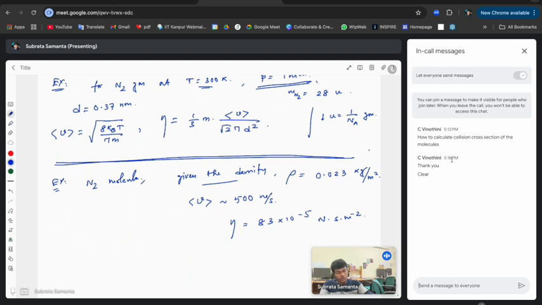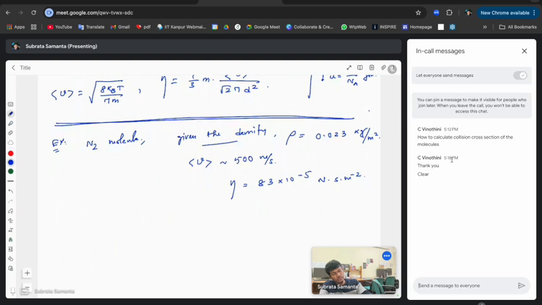So now I want to calculate the mean free path, lambda. That is the question.